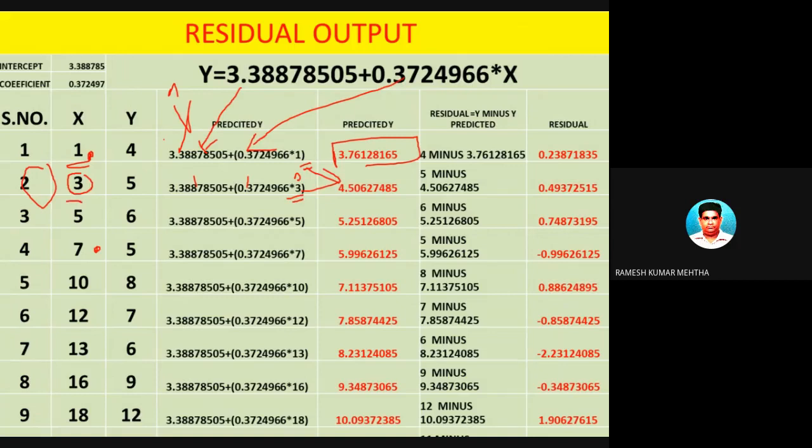Similarly, when the number of hours studied is 5, what is the value of predicted y? Predicted y is 3.38, same, plus 0.37 into 5, because x in this case is 5. So if you calculate, you will get the answer as 5.25, which is the predicted y.